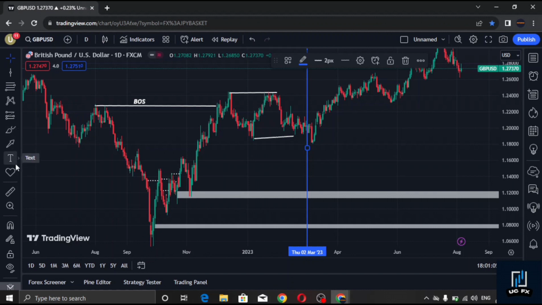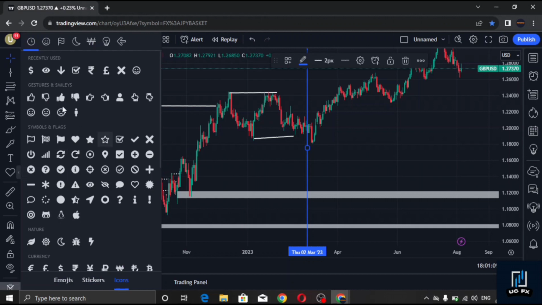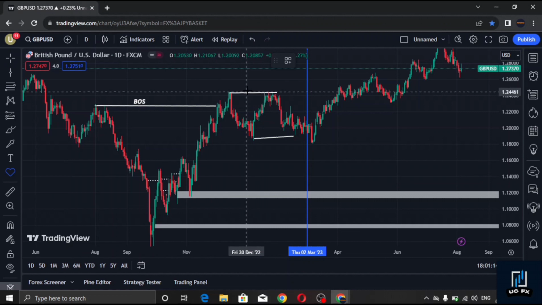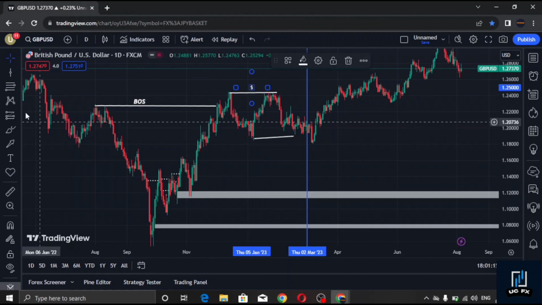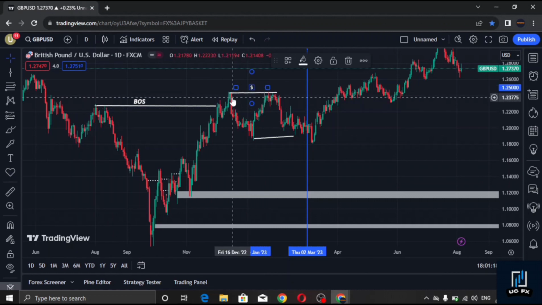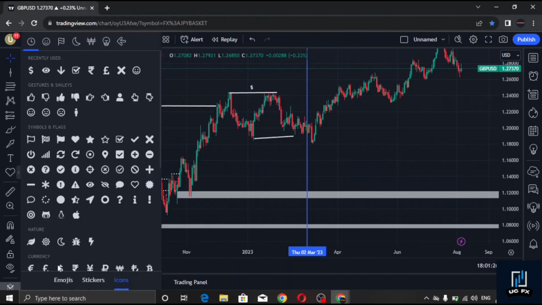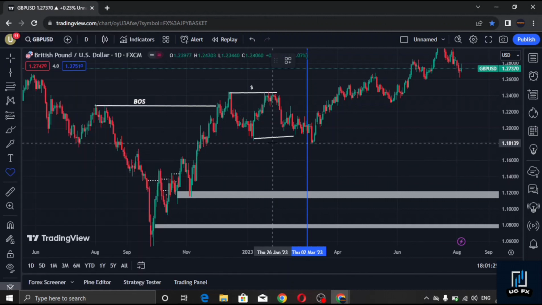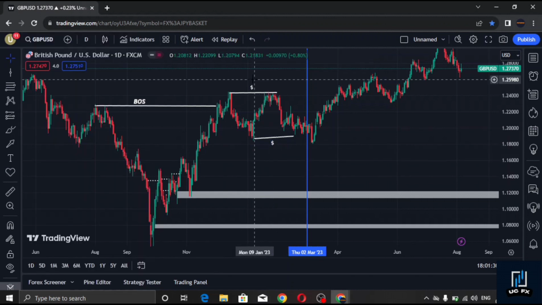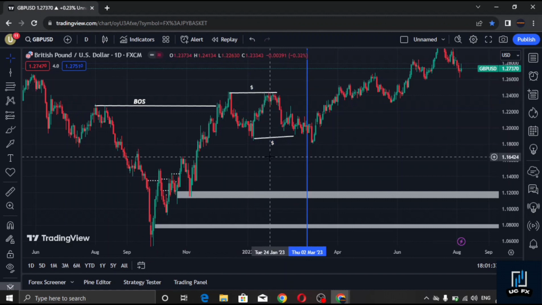So let's try to identify it as liquidity. This is liquidity above the range and liquidity below the range. The upper one is what we refer to as the buy side liquidity, and this one is the sell side liquidity.